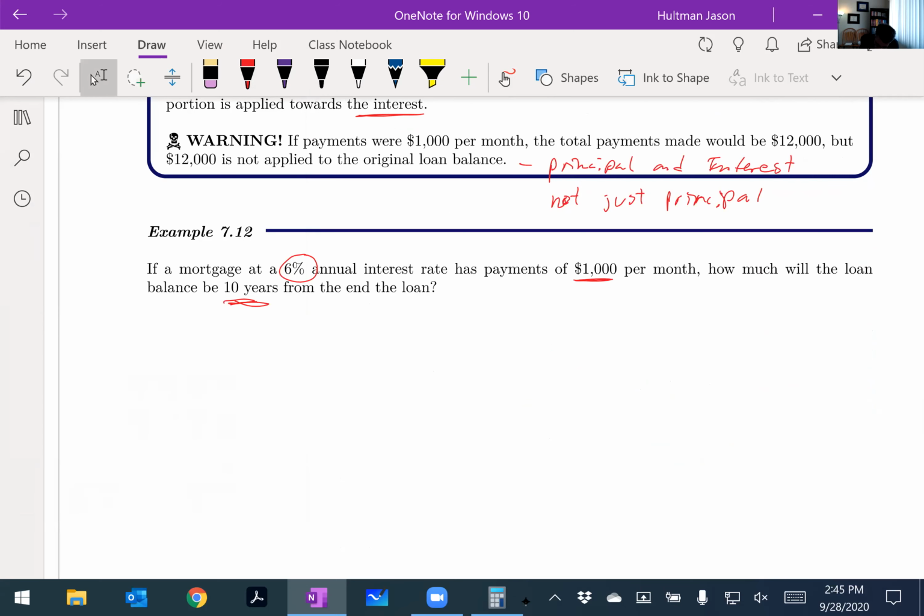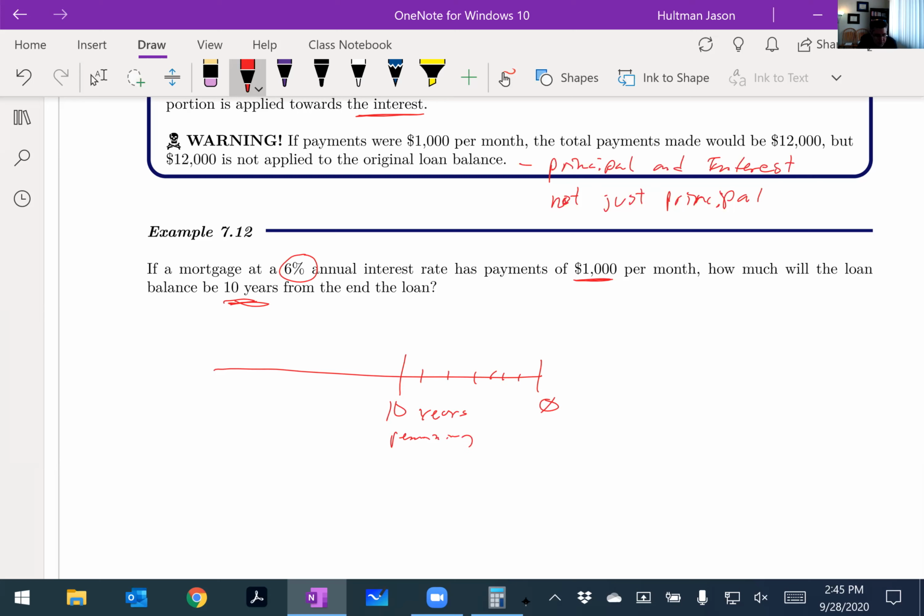We don't know what the life of the loan was, but we do know that 10 years from the end, I've got 10 years remaining, and this is 0 years remaining, right? So we're thinking of time as backwards. This is the amount of years left. Okay, so 10 years remaining.